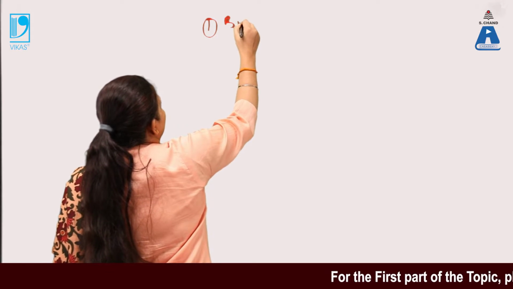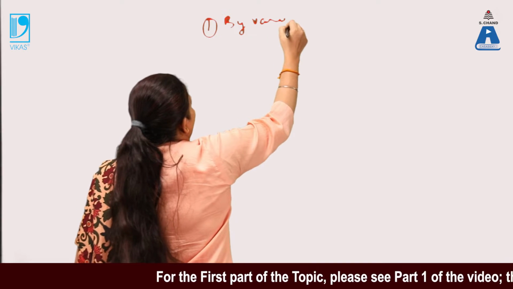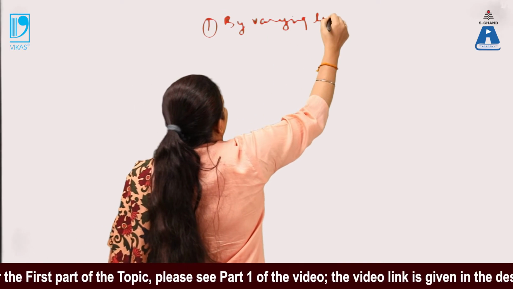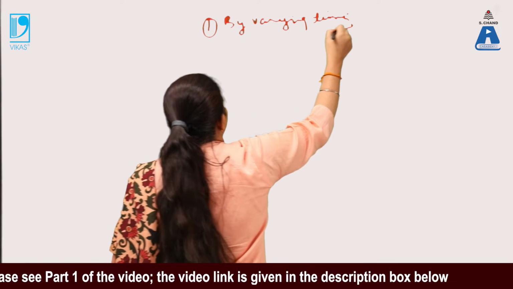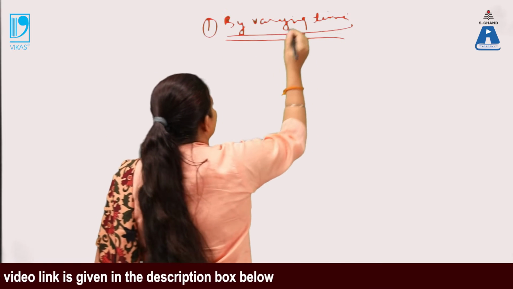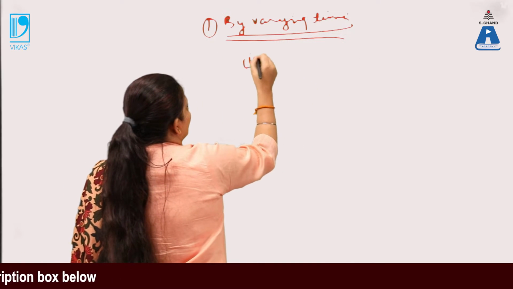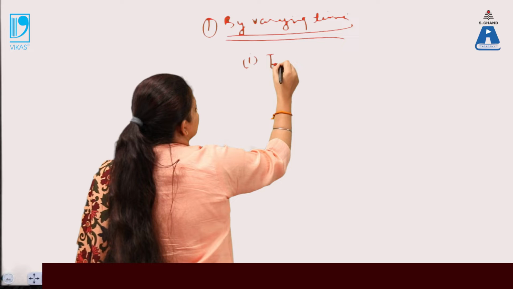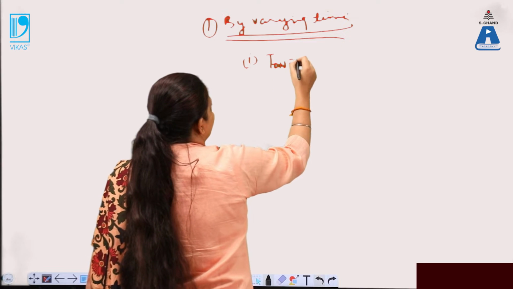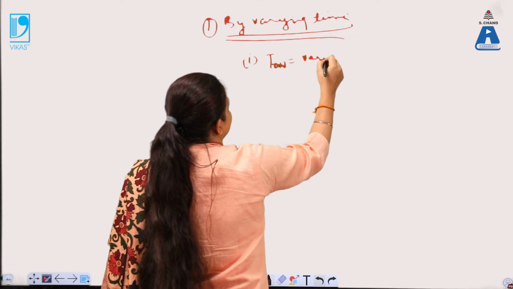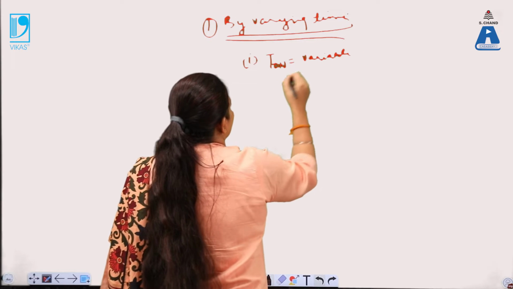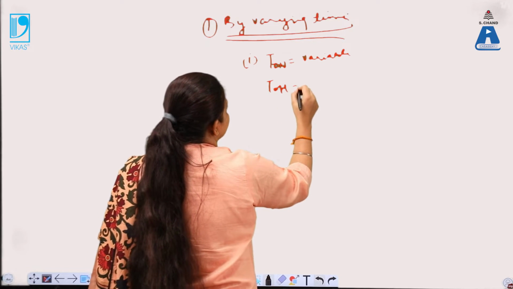We have understood how the duty ratio can be controlled by varying the time. In the first case, the T on is variable and the T off is fixed.